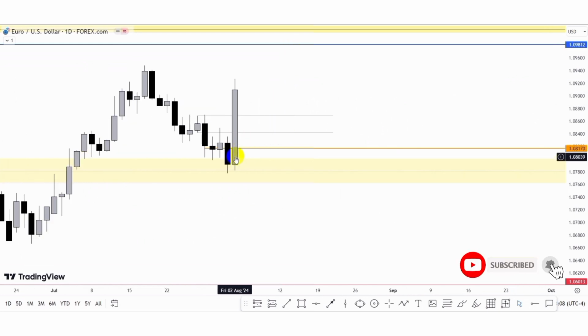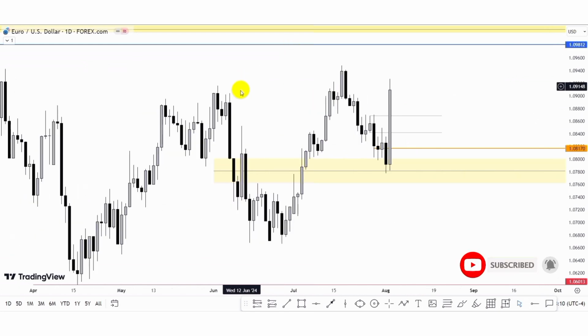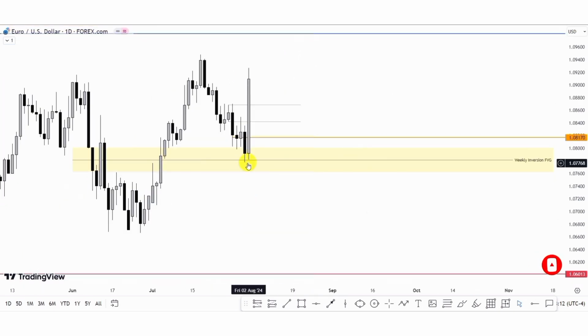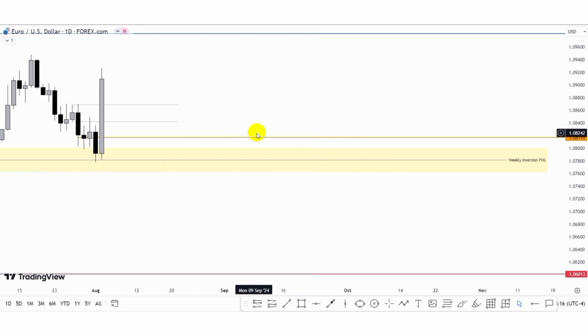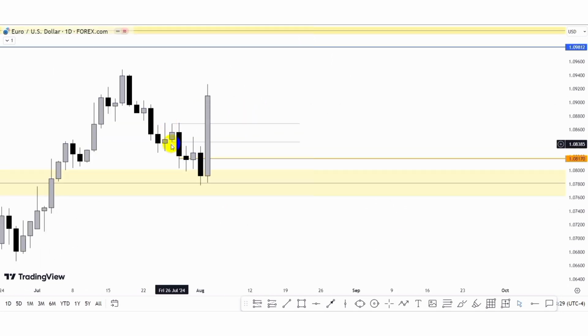You can see price gave us this momentum candle. Price mitigated this weekly inversion fair value gap, and we have this order block created here. So you can see we have this order block that sponsored the downward movement of price. Price returned, mitigated the order block, and then we see the push of price further to the downside.